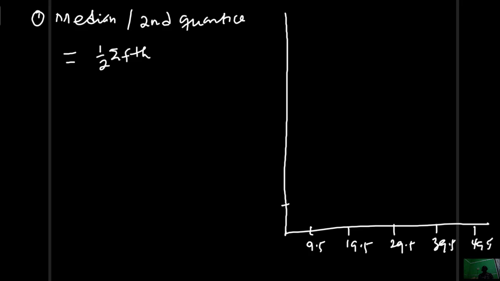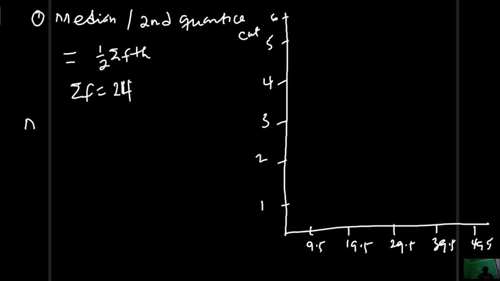So we have 1, 2, 3, 4, 5. This is 6. Then our sigma f, this is the cumulative frequency. Let's say our sigma f is 24.